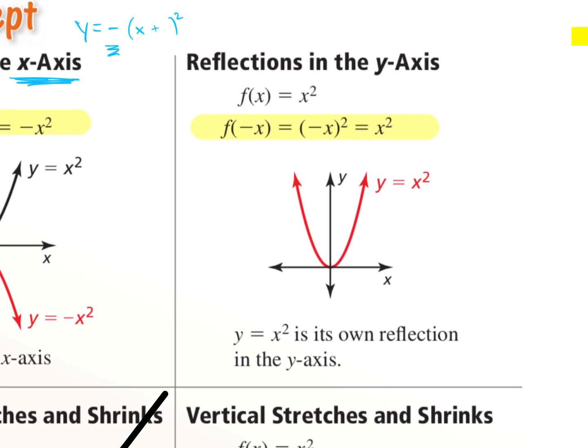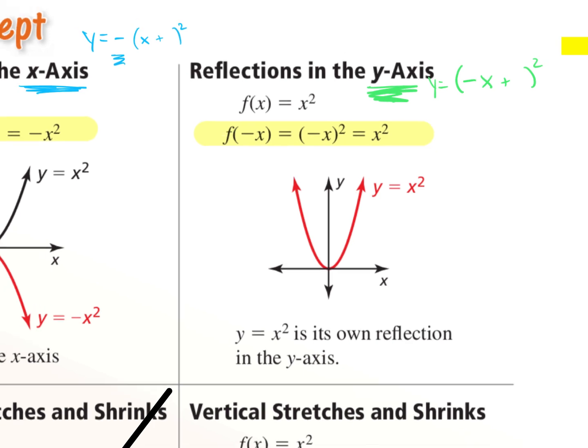If our negative is on the inside, so let's say I have y equals, and then in parentheses, negative x plus a number, squared, plus another number on the outside, when the negative is on the inside, it is a reflection on the y-axis.